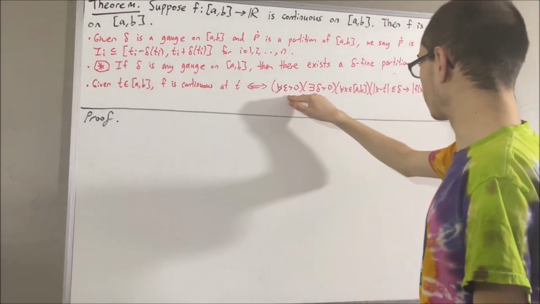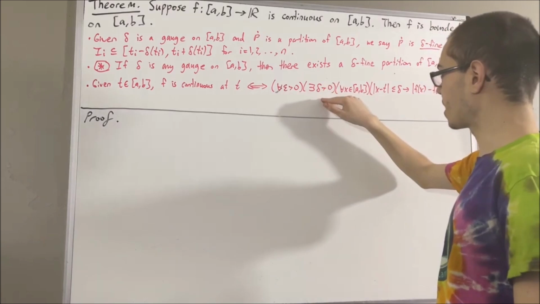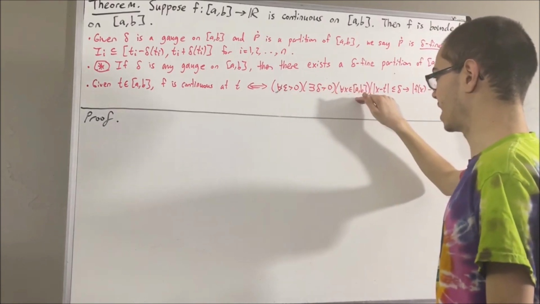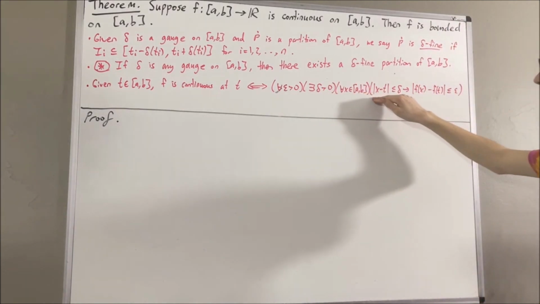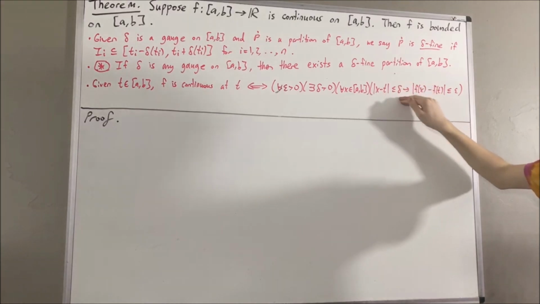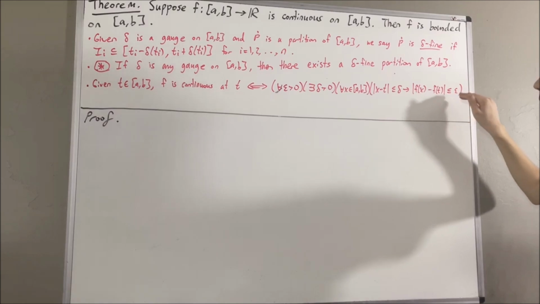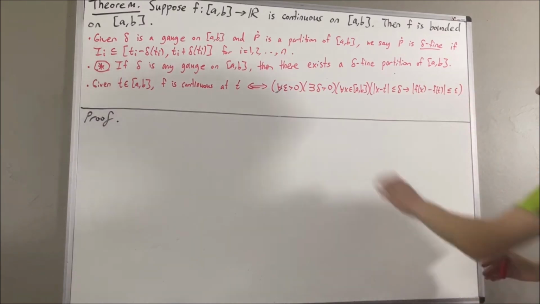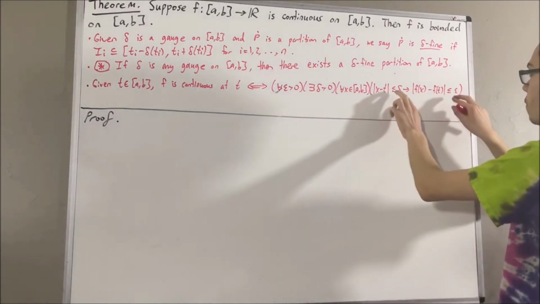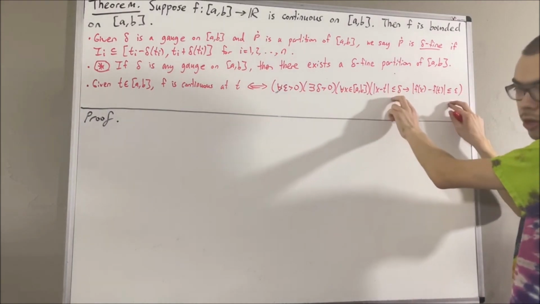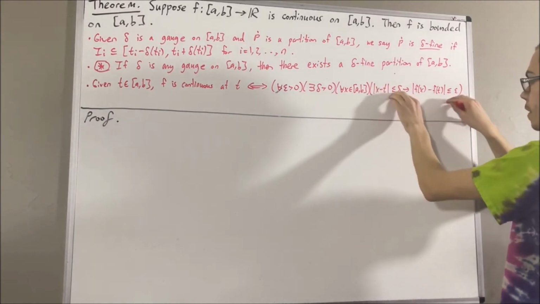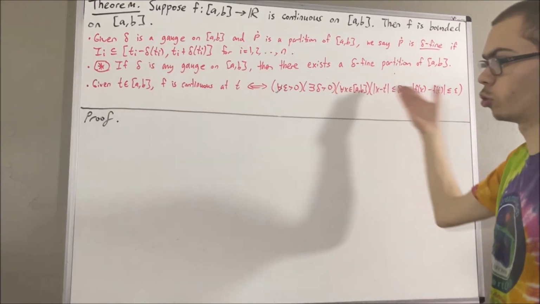It means for every epsilon greater than 0, there exists a delta greater than 0, such that for all x in [a, b], if the absolute value of x minus t is less than or equal to delta, then the absolute value of f of x minus f of t is less than or equal to epsilon. Now, this definition is equivalent to if these are instead strict inequalities, right? But we're perfectly fine if we have weak inequalities here, because it's equivalent.